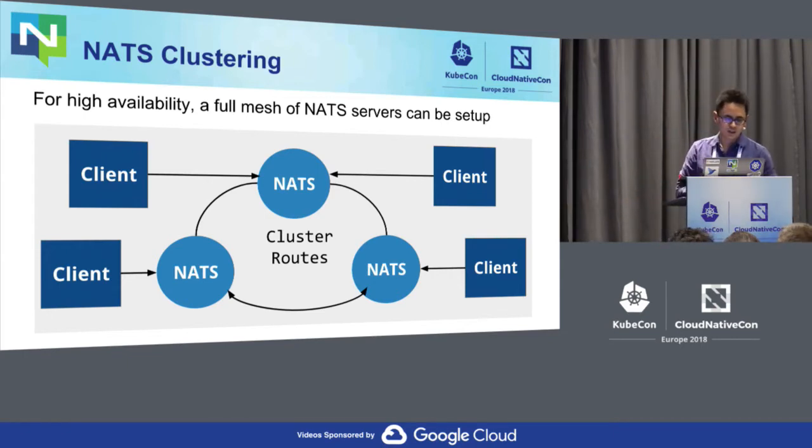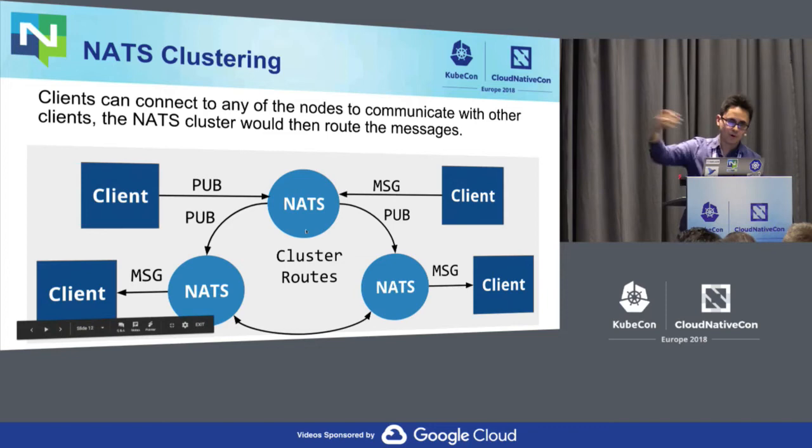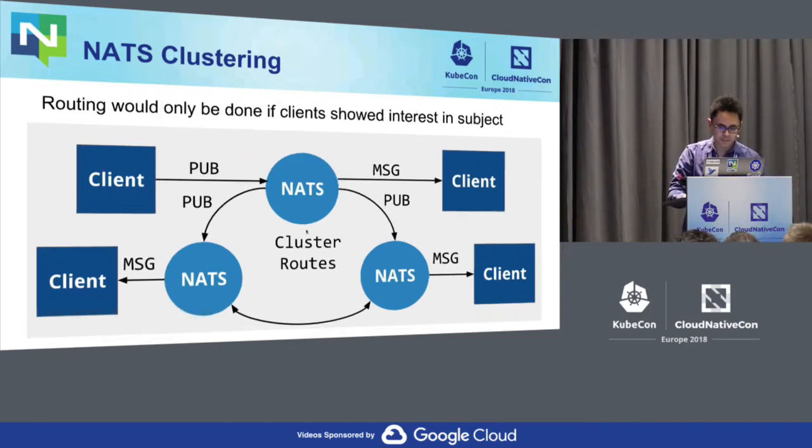The NATS cluster will be responsible for routing the messages according to the interest graph. So in this case, if this client publishes a message to this server, all of the clients that are connected to this same server are going to receive the message, and also the ones that are remotely interested in this message are going to receive it.